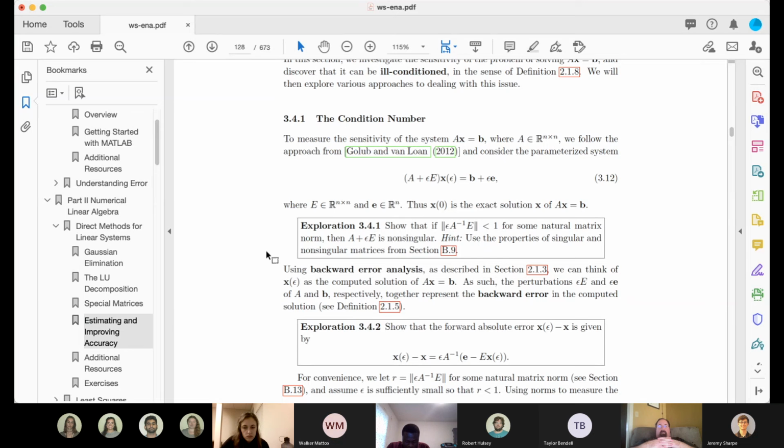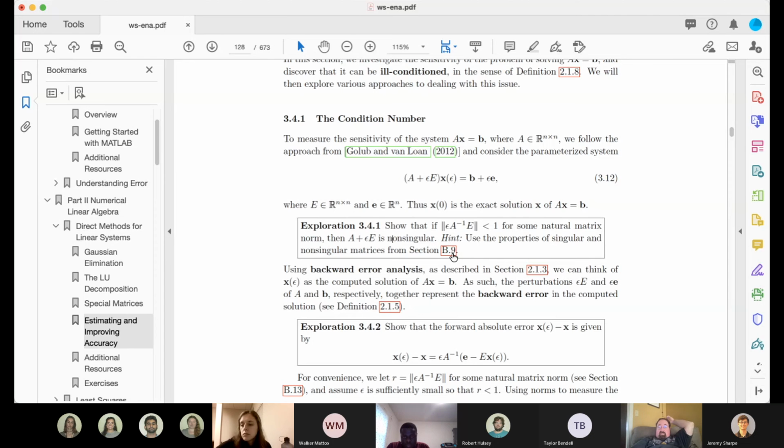You said show that if this norm is less than 1, then A plus this matrix is non-singular. I'm not sure what to do. I used the properties of non-singular matrices: if a matrix is non-singular, then an inverse exists.